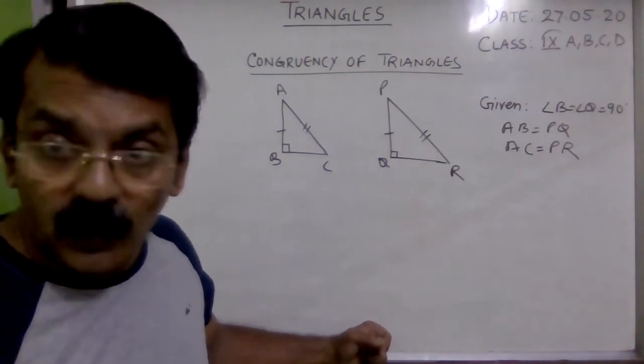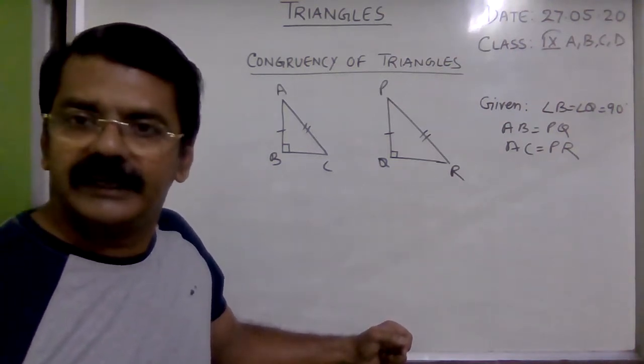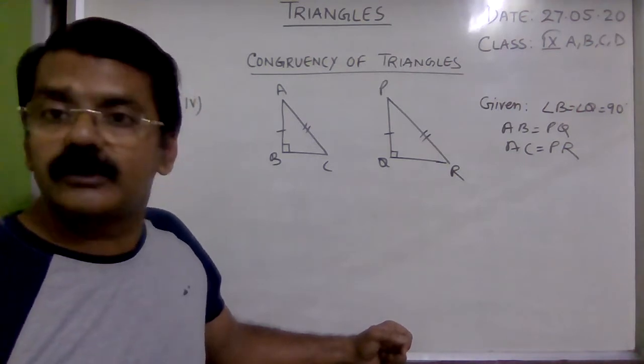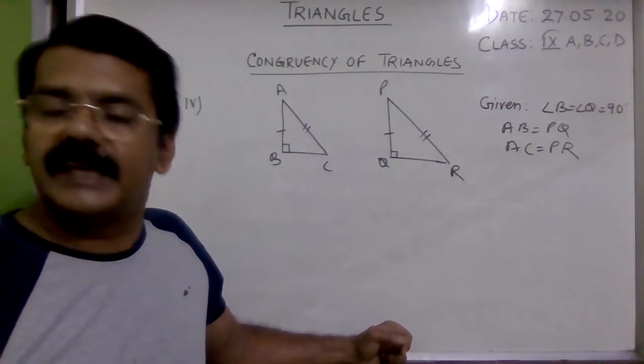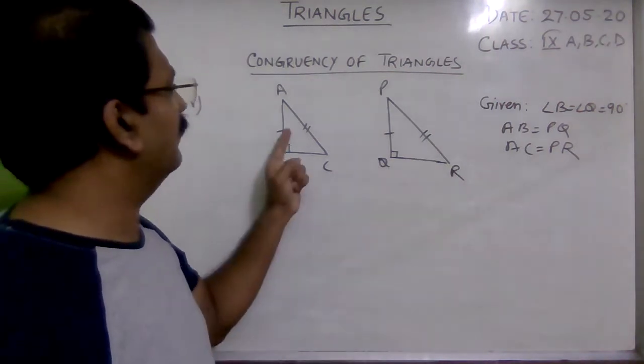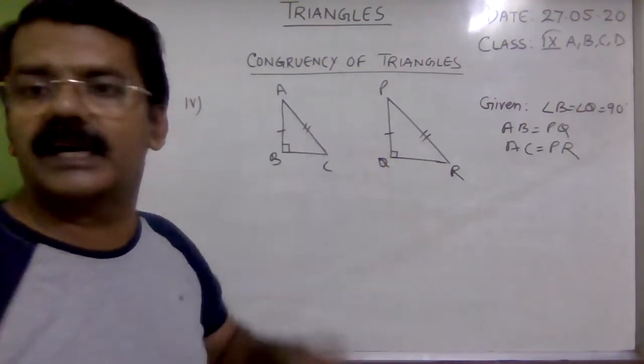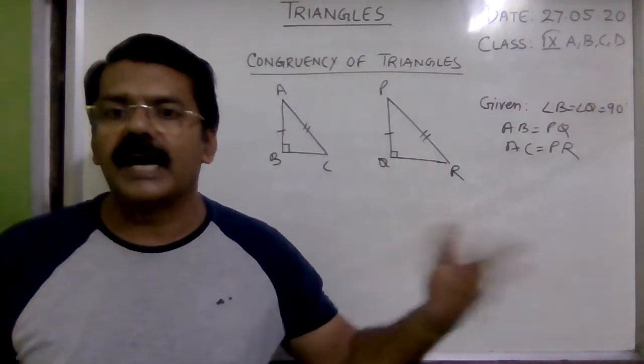The answer is no, because when two sides and one angle are given equal, then I told you it has to be the included angle, then only we can say it is by SAS. But here they have given these two corresponding sides equal, but the angle which is equal is not the included angle, the other angle.